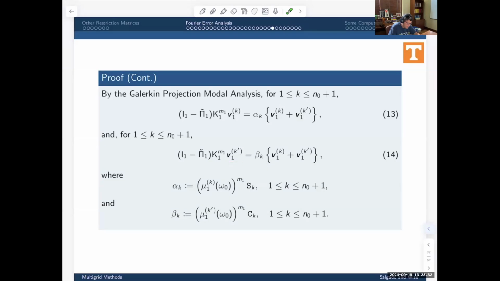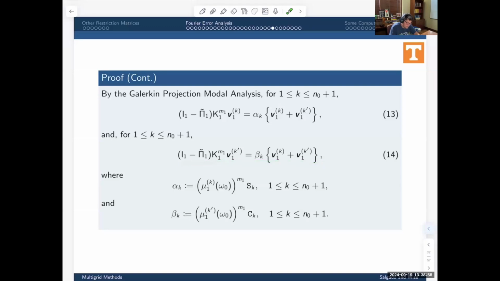This is written in terms of K prime, the reciprocal wave number. Here K is between 1 and N0 plus 1, so this is the low frequency range. Taking K prime gives high frequency values. So this is my low frequency result, and this is my high frequency result.